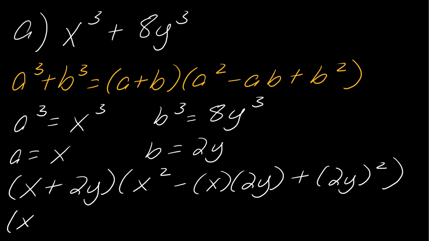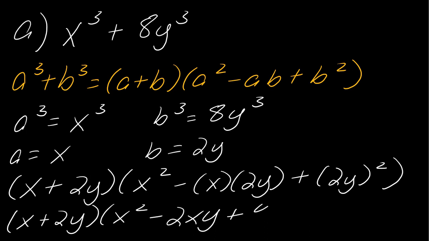Okay, I need to finish this, so this will be x squared minus 2xy plus 4y squared. Remember, the whole 2y needs to be squared, so the 2 also needs to be squared. That's why it's 4y squared.